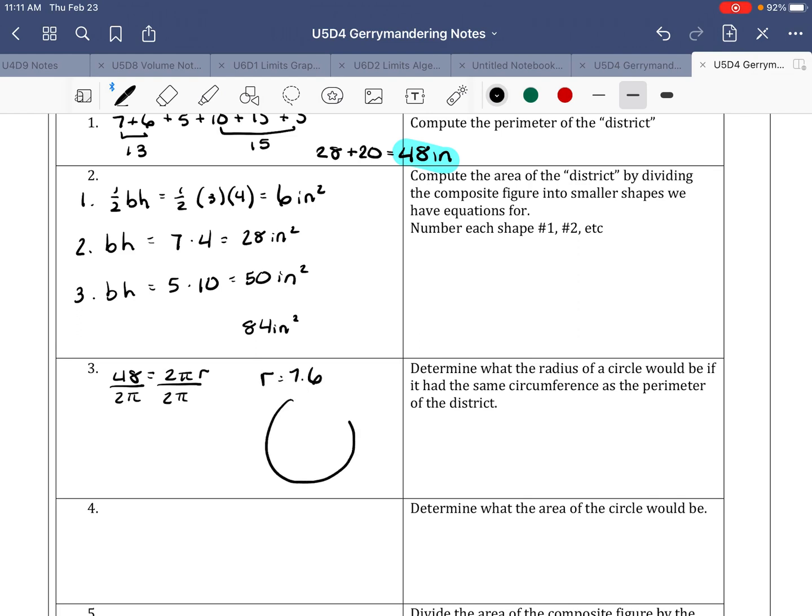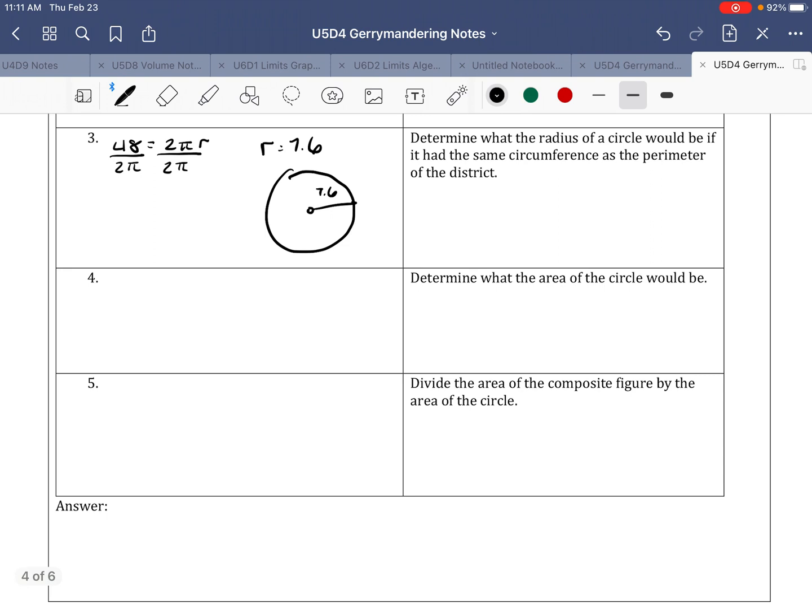So I can imagine having a circle here where my radius is 7.6. In order to find the area of the circle, it is going to be pi r squared. And I get 182.4.